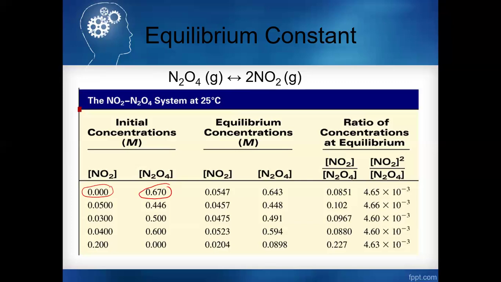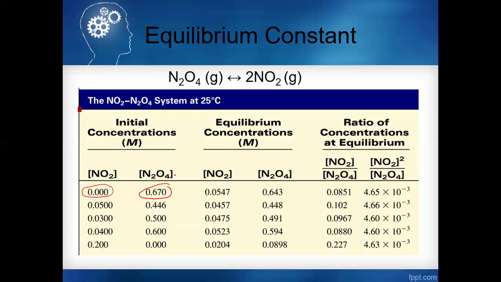As time goes by, the concentration of your reactant, N2O4, which is 0.670, will decrease. Why does the concentration decrease? Because the reactant is being used up to form a product.